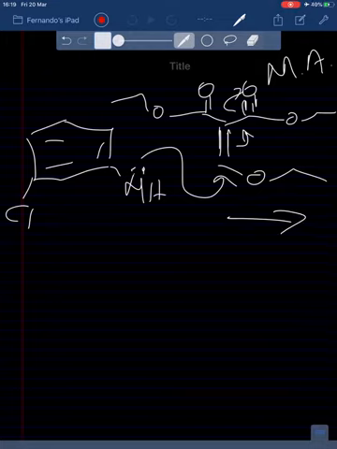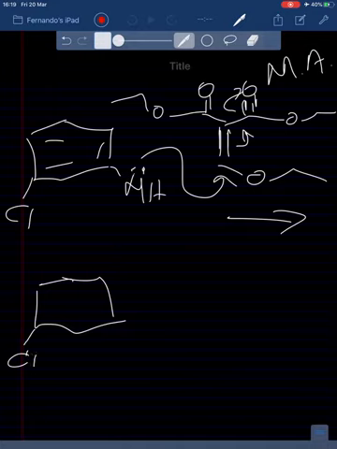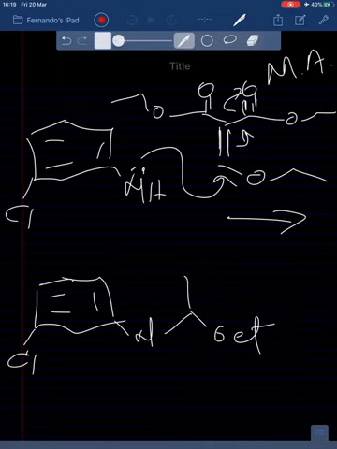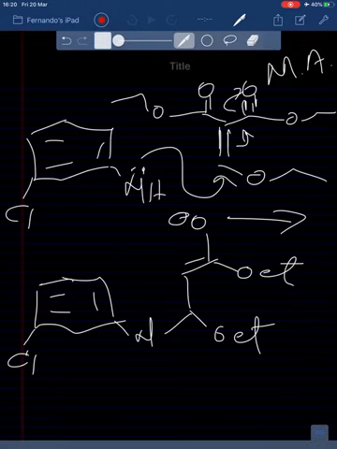I'm going to reduce the numbers in the formulas, so I have a little bit more space. So I'm going to have my chlorine, my nitrogen, now attached to a single bond, the O-ethyl, a double bond, the oxygen, that is negative, another ethyl, and the rest of the carboxylic acid.